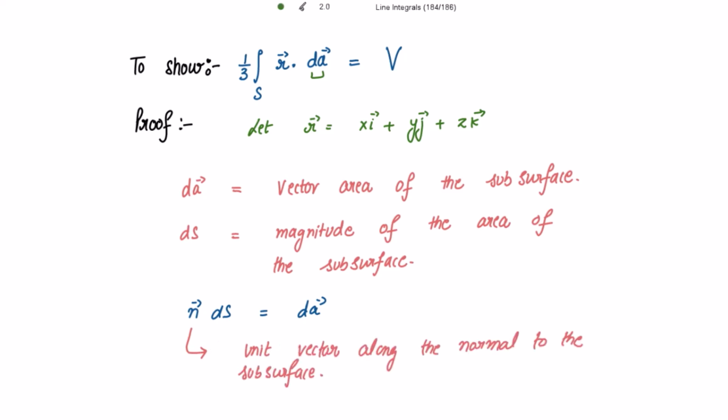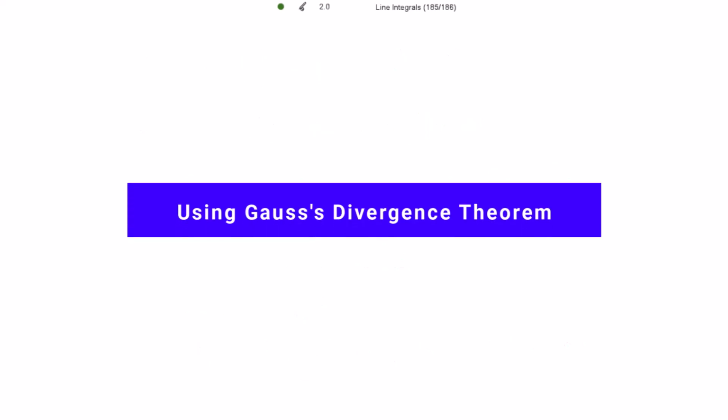Okay, now to prove this result, I need to use Gauss's divergence theorem over here. What is Gauss's divergence theorem result? It is the surface integral of dot product of f vector with n vector dS is equal to the volume integral of divergence of f vector.